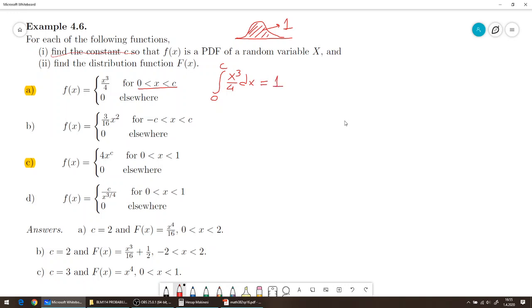I think it is understood. So integrate it from 0 to c, which must be equal to 1. So put c, minus, put 0, equals 1. I think you see that c equals 2 here.